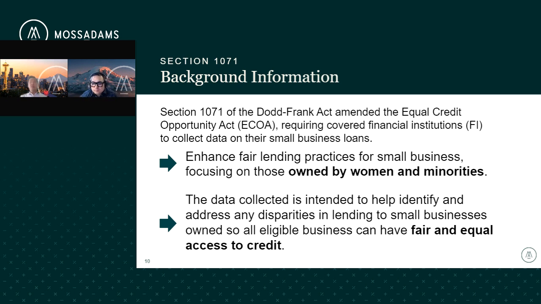So just a couple of key differences I wanted to mention. I'm sure a lot of you are wondering what the main differences between 1071 and HMDA are. Wanted to go over those items here real quick and point those out. Do we anticipate it's going to be a large administrative burden for everybody? Probably. But nonetheless, this is important for everything that's going on with regards to fair lending, identifying trends, right?